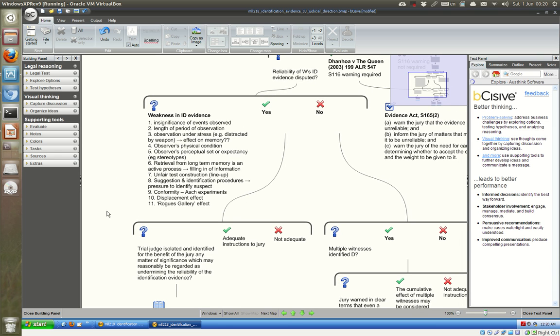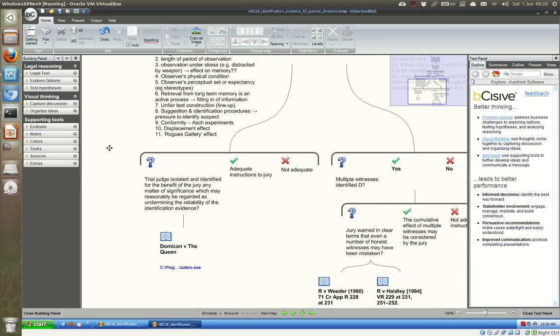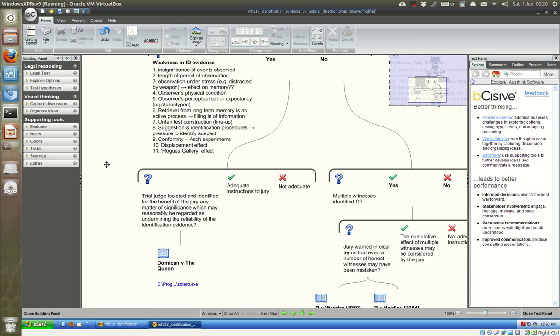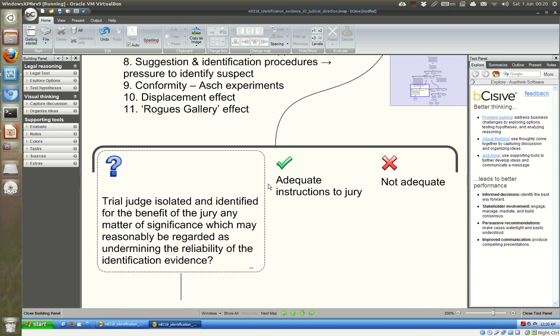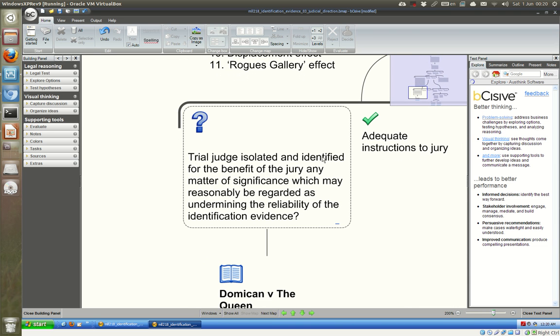So let's say it is disputed. Well, then the trial judge has to give a judicial direction, and the trial judge has to isolate and identify for the benefit of the jury any matter of significance which may reasonably be regarded as undermining the reliability of the identification evidence.